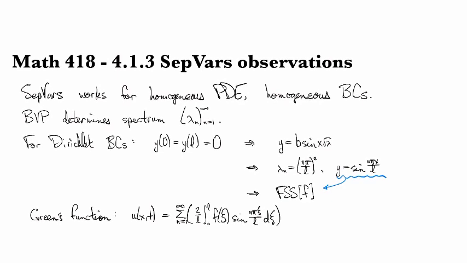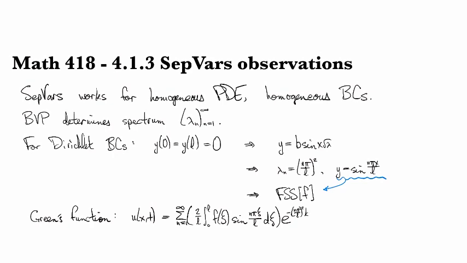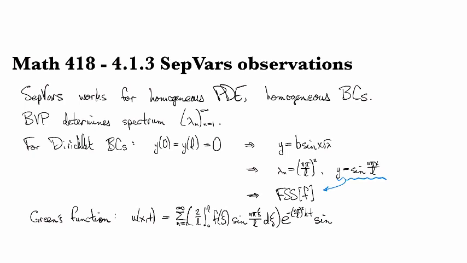So that's our nth Fourier sine series coefficient, and then we had the e to the minus lambda kt, and then we had the sine of n pi x over L.